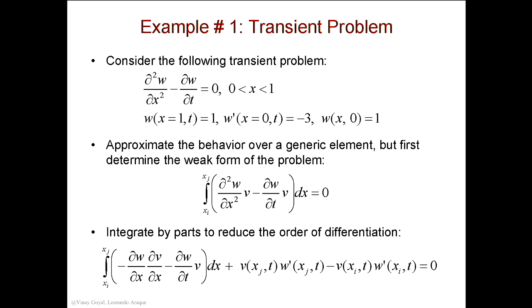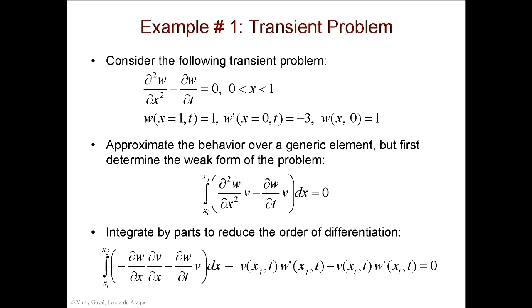Okay, so in this particular problem, at any point in time, at x equals 1, we're going to make the value of w equal to 1, so that this domain goes from 0 to 1.